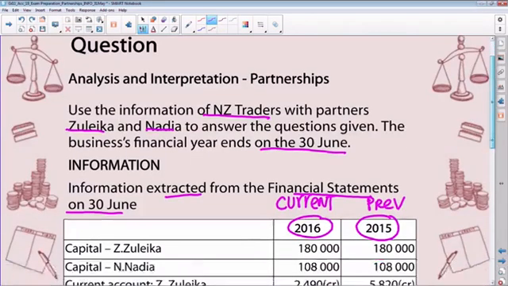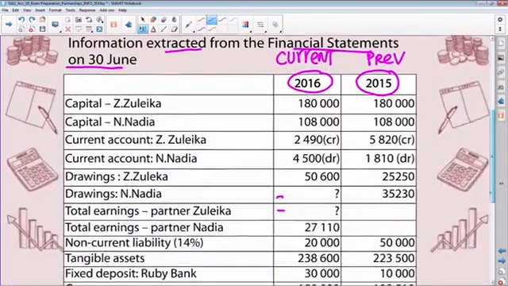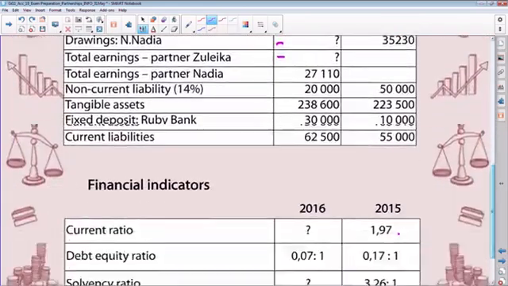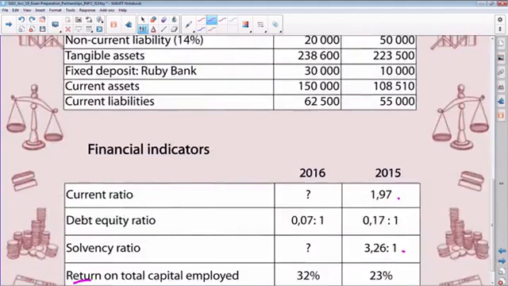Okay, there we go. Right, so in terms of the financial indicators that have been given to us, okay, guys, I'm going to now look at my debt equity ratio. Now, in terms of my debt equity ratio, if I compare 2015 to 2016, in 2015, the business's debt equity ratio was 0.17:1.